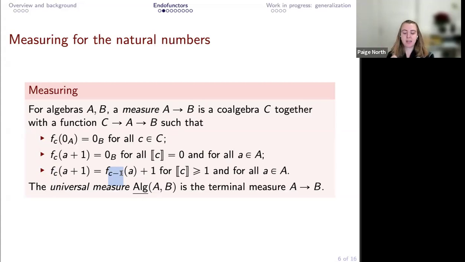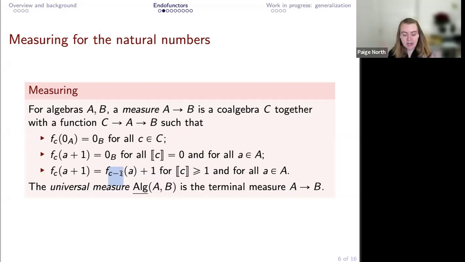But it's being kind of twisted, let's say, by this -1 action. So if I want to know what the value of an arbitrary f sub c is at a successor, then I should not, like in the normal algebra case, just look at the value at the original guy plus 1, but I should look at the value of the original guy, not at f sub c, but at f sub c minus 1.